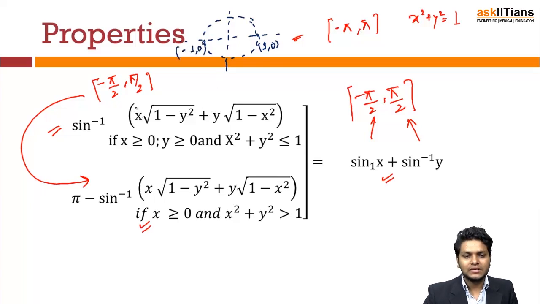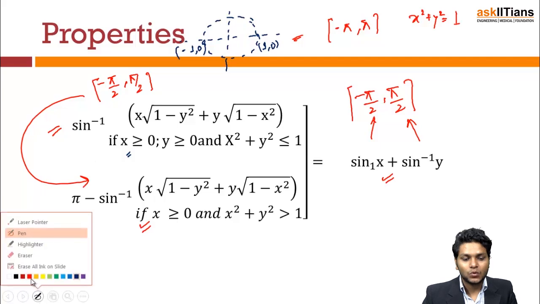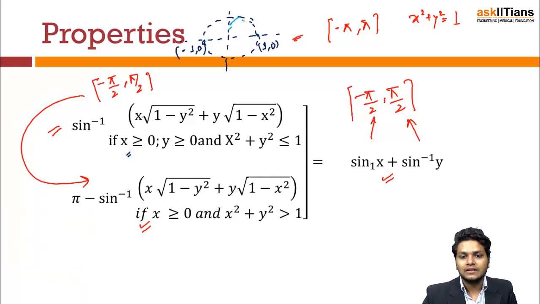The first statement says that x is greater than 0, which means the first quadrant, and y is also greater than 0, which confirms that it is absolutely the first quadrant. The area enclosed is less than 1, which means I am strictly talking about the area which lies inside the circle.